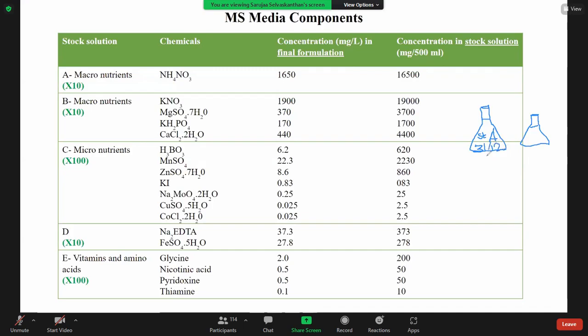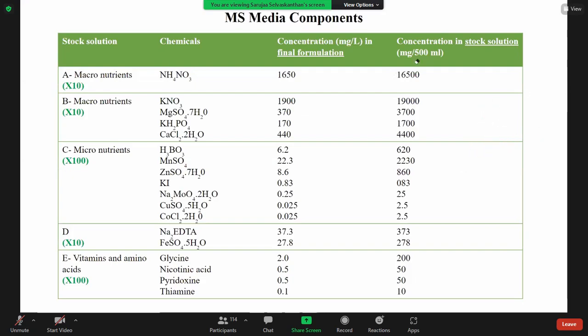Likewise, stock E, whatever stock solution we prepare, we have to take a clean conical flask, pour it, label it with the date, and store it in the refrigerator, right? That is the way of preparing the stock solution.